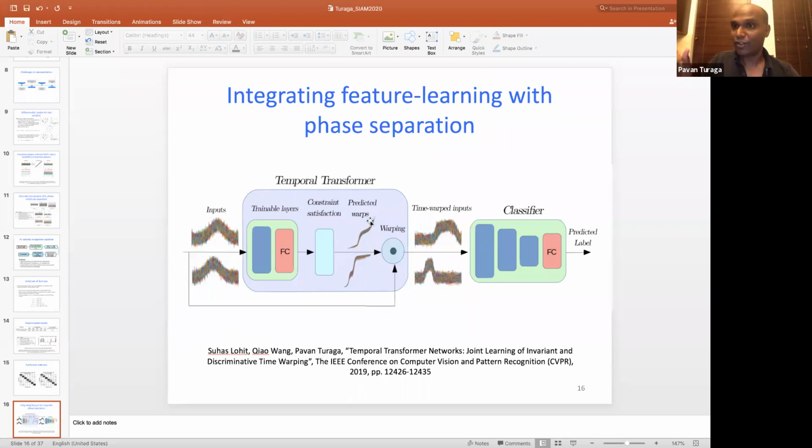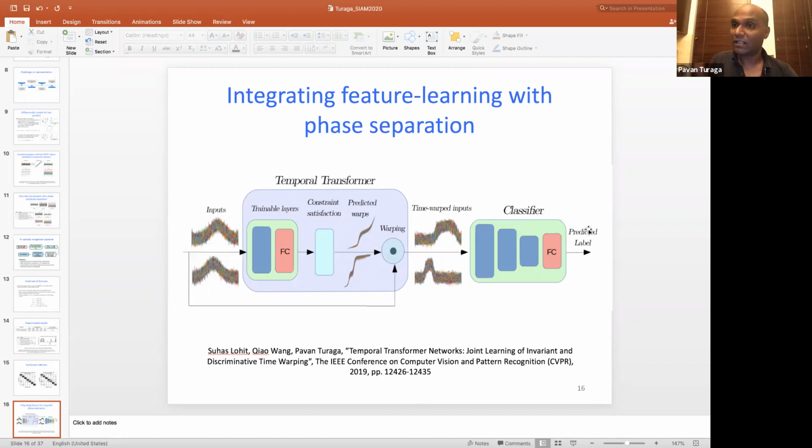You also enforce it to be continuously increasing. And the way you also force it to behave like a warp function is by introducing a warping module, which takes this function and warps the given input according to this function, and out comes a warped signal. And this warped signal goes into a classifier, and the classifier network spits out a label.